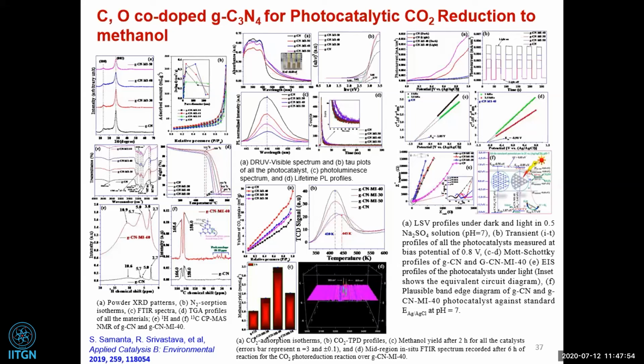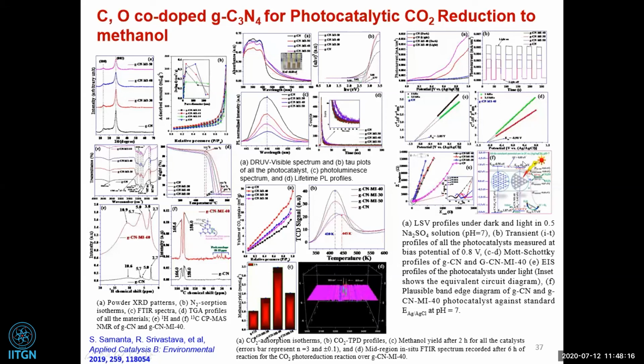And we have proved what kind of carbon species and what kind of oxygen species have been implanted, and we have shown that CO2 adsorption was better and CO2 binding energy was slightly reduced, and that's why we get better CO2 conversion in this case.